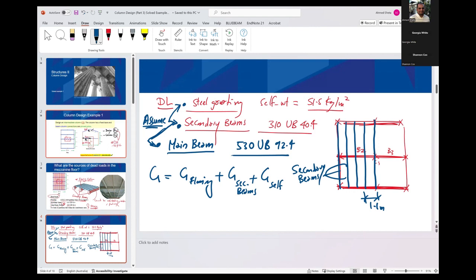So G on the rafter, or dead load on the rafter, will be these three components. We have one, two, three components.